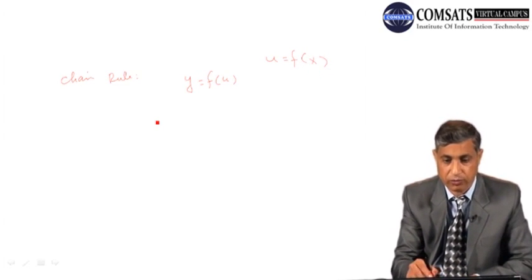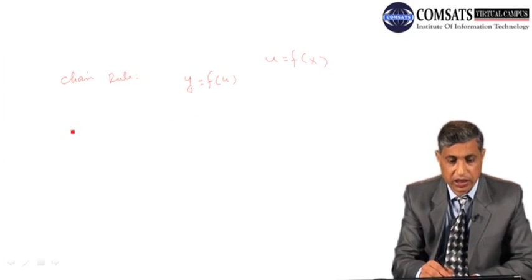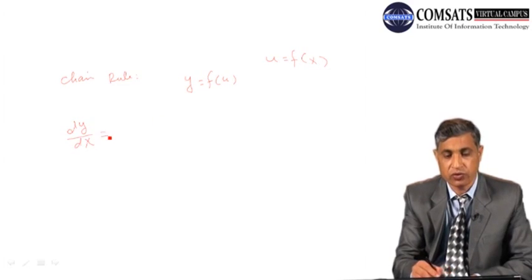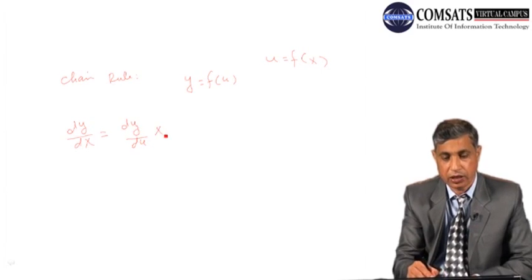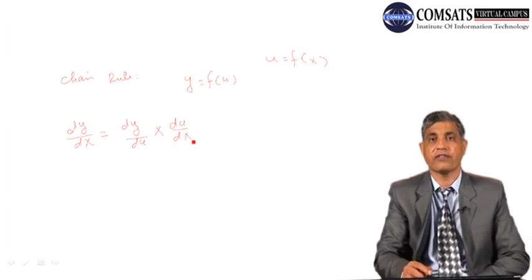So we use the formula: dy over dx is equal to dy over du multiplied by du over dx. This is the formula for the chain rule.